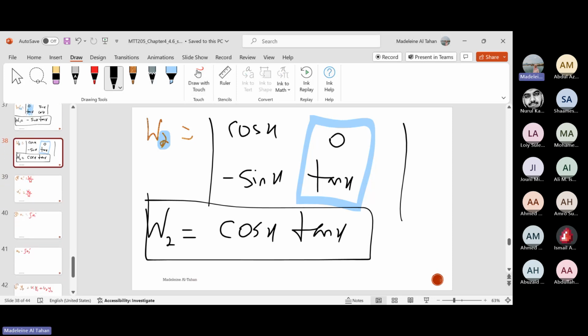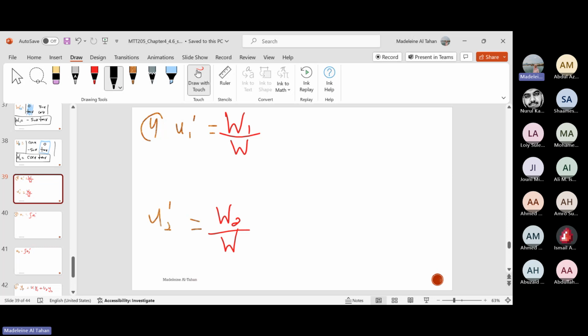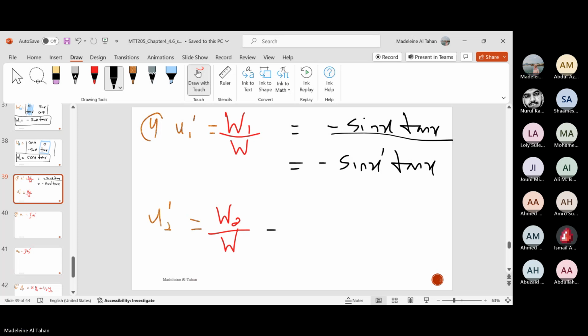Any questions, miss? Now, u1 prime is W1 over W. W is 1, so do I care about it? I will just write negative sine x tangent x over 1, which is negative sine x tangent x. And this one, u2 prime, it is cosine x tangent x over 1.